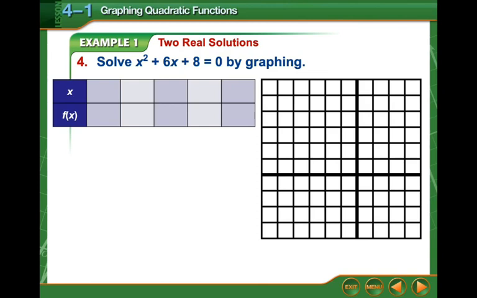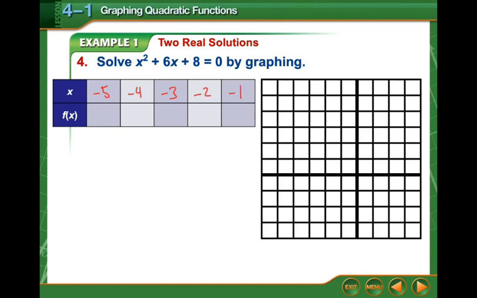This next one, we're going to solve by graphing. So what that means is we're looking for where it crosses the x-axis. So let's plug in some numbers. We're going to do -5, -4. Just looking at the graph, we kind of want to lean towards the negative side. Let's just do negative numbers.